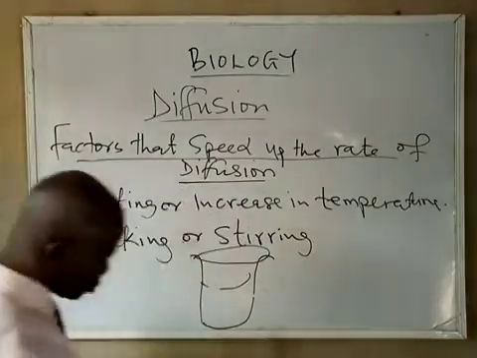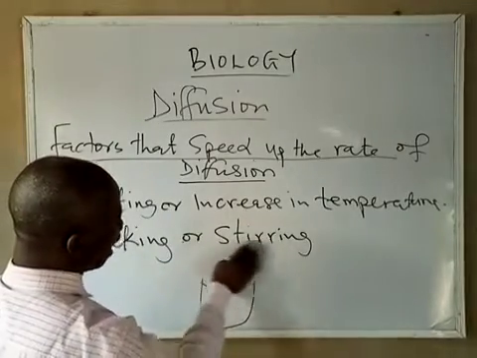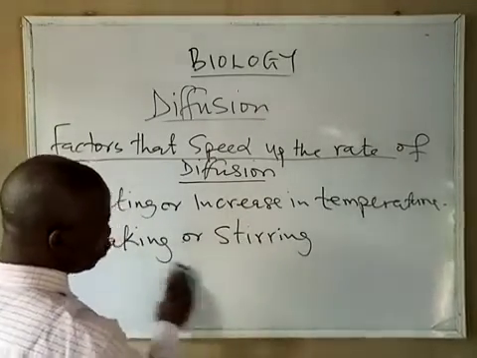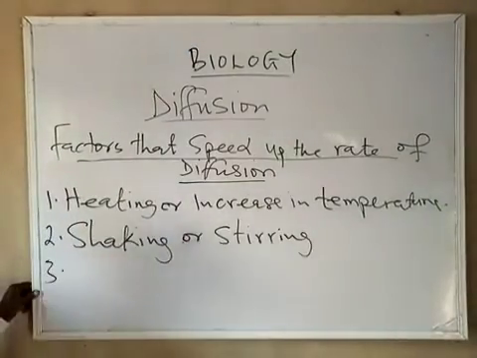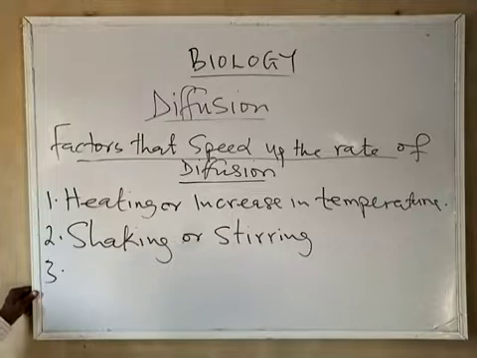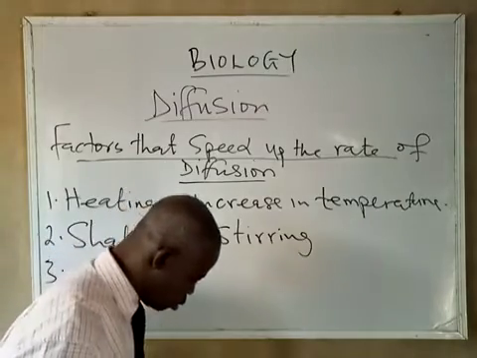Another factor is the size of the molecules of the diffusing substance. Another factor that can speed up the rate of diffusion is when you reduce the size of the molecules.